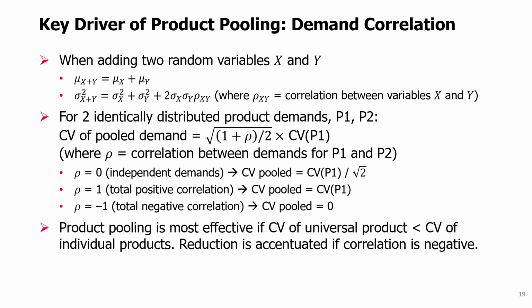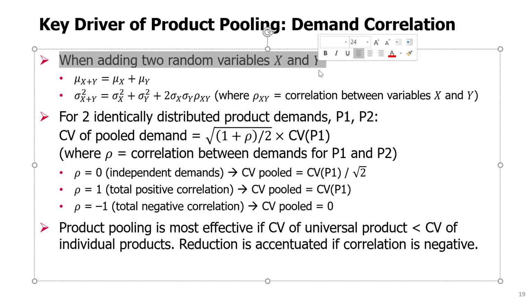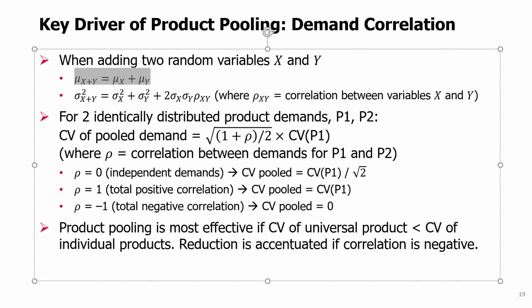In general, when you look at two random variables, X and Y, where X has some mean mu X and standard deviation sigma X, and Y also has mean mu Y and standard deviation sigma Y, then if you add those two random variables, like we combine the demands, we have the mean equal to the sum of the means.